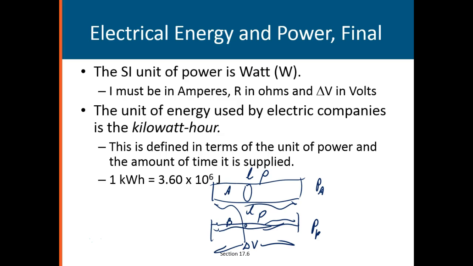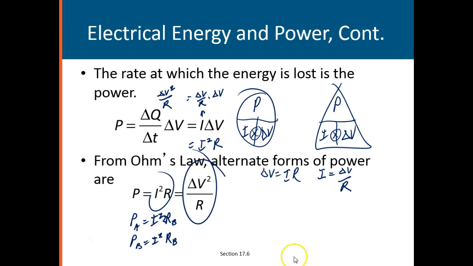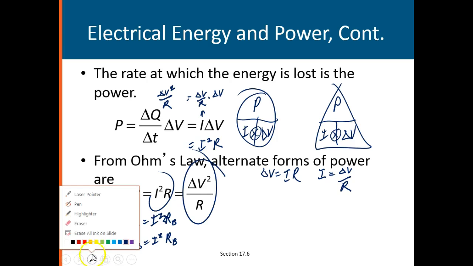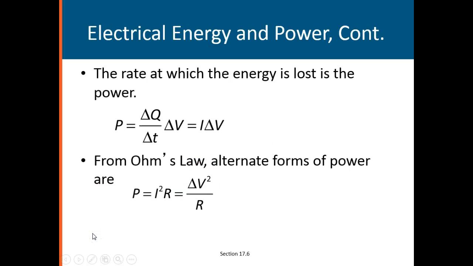So let's go back to our power equations. Here they are. I think I'm going to erase this because it's pretty messy. Now, what was different there? We knew it was the same voltage on both of them. All that we know is that resistance changed.